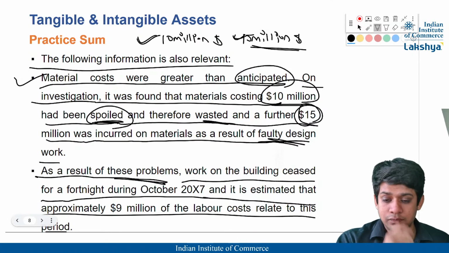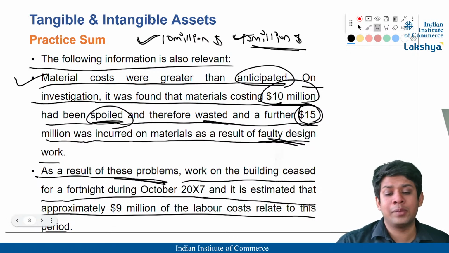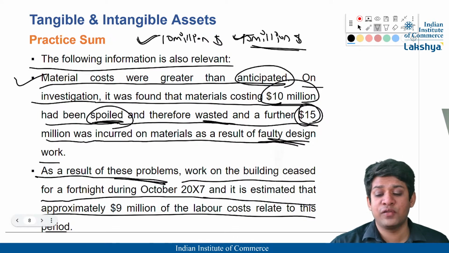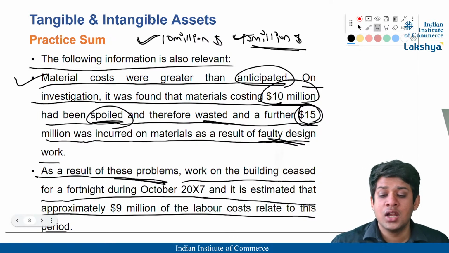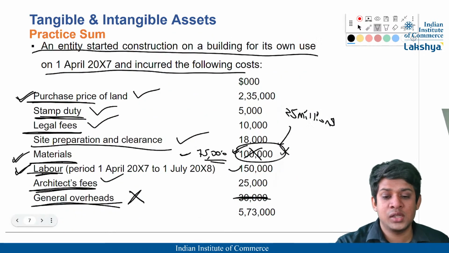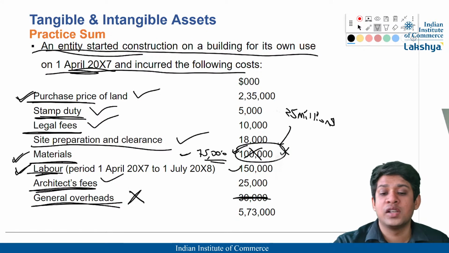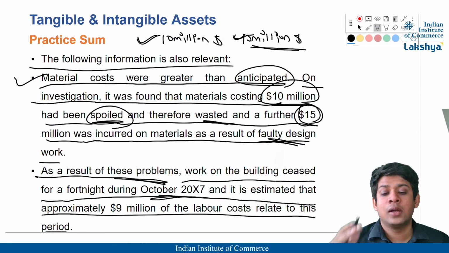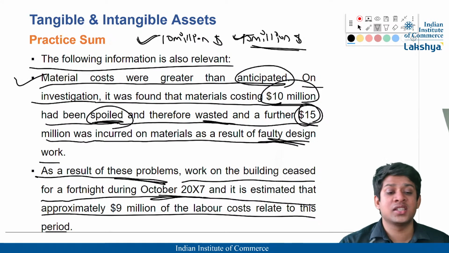Now, labor costs maybe I'm paying on a monthly basis, and the work had ceased for a fortnight, that is 14 days during the month of October 2017, right? So it is within the financial year because we have to prepare from 1st April to 31st March, and October is between that, correct? So within the accounting year, the work actually ceased, right?